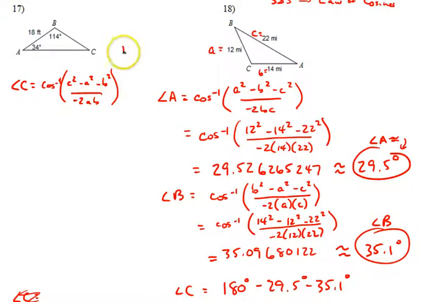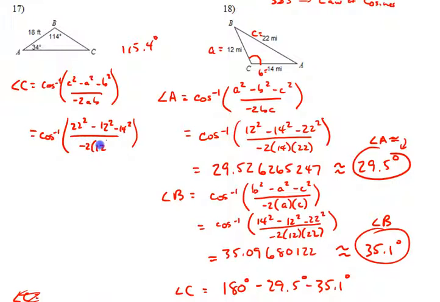Let's see that we get 115.4. Sure looks like an obtuse angle. So the arc cosine of 22 squared minus 12 squared minus 14 squared all over negative 2 times 12 times 14.